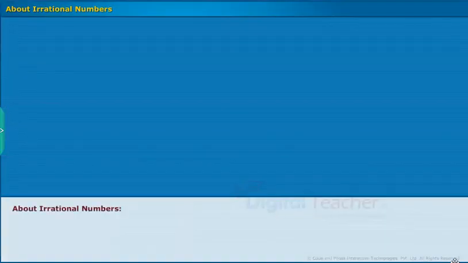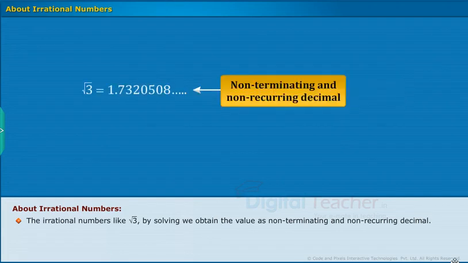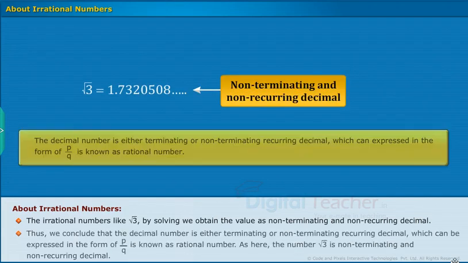Let us know in detail about irrational numbers. The irrational numbers, like root 3, by solving we obtain the value as a non-terminating and non-recurring decimal. Thus, we conclude that a decimal number that is either terminating or non-terminating recurring, which can be expressed in the form of p by q, is known as a rational number.